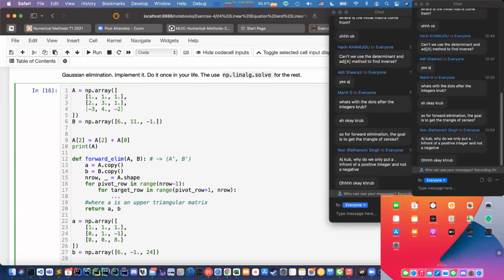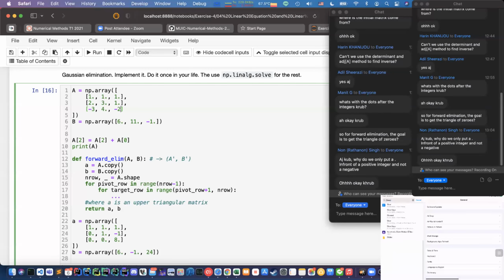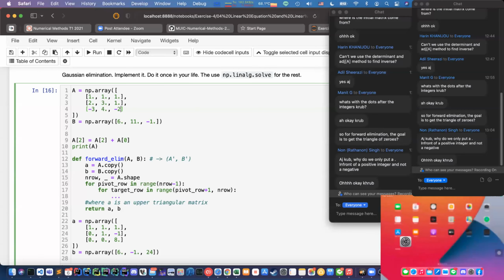If I put the dot, then it doesn't line up. Make it 10 minutes.